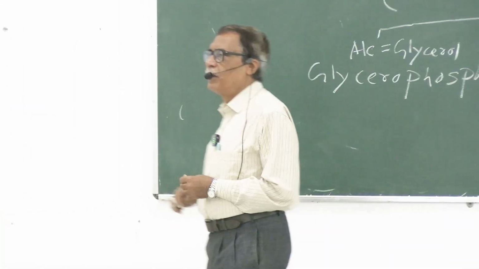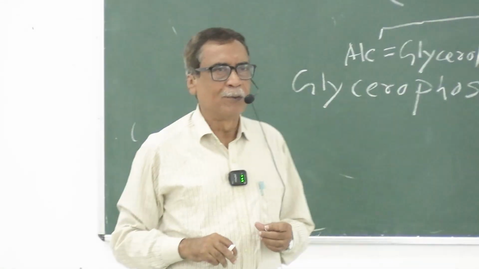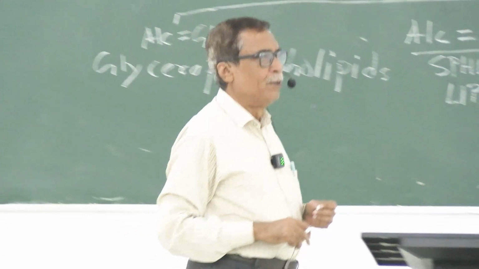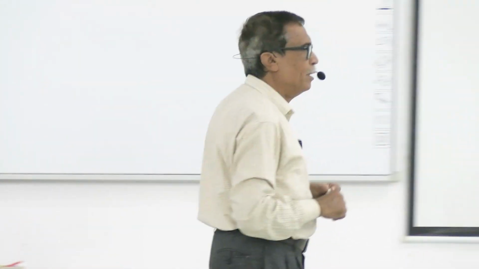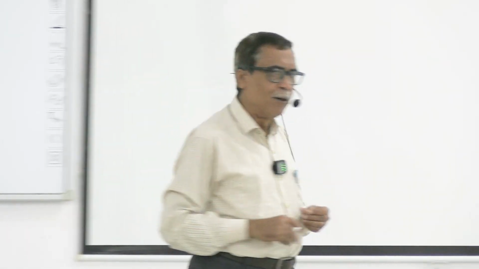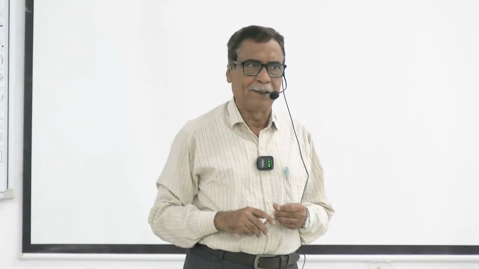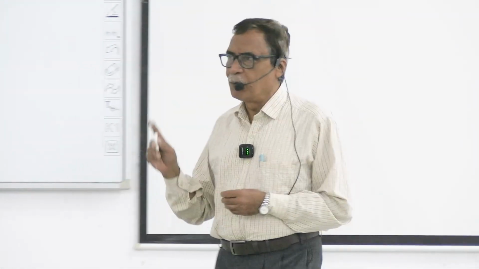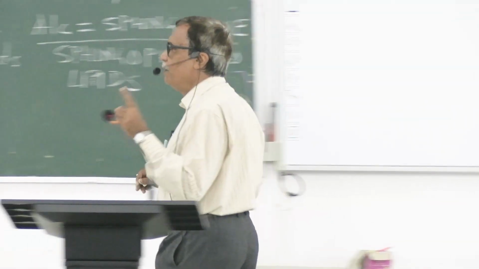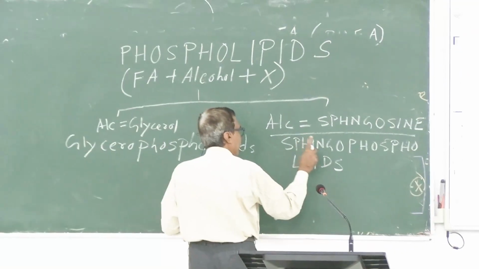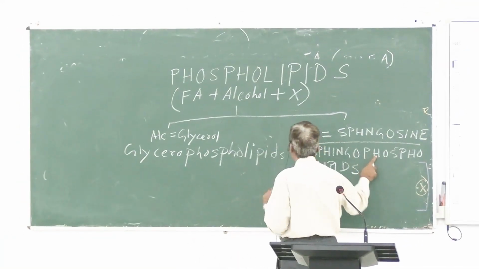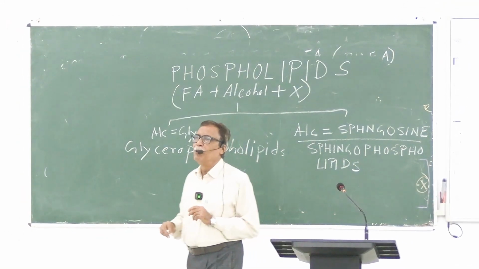That means phosphatidylcholine, phosphatidylethanolamine, phosphatidylinositol, phosphatidylserine, cardiolipin, all are glycerophospholipids. Now, the only example of the sphingophospholipids is sphingomyelin.